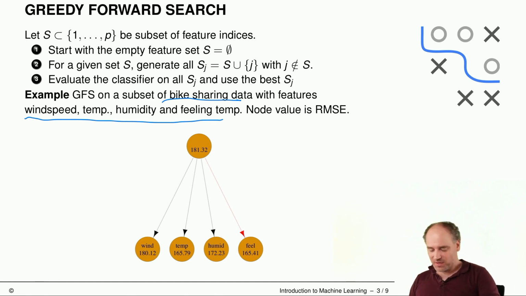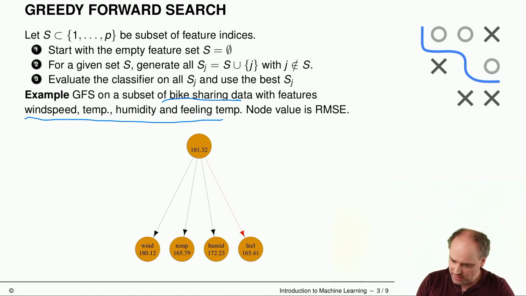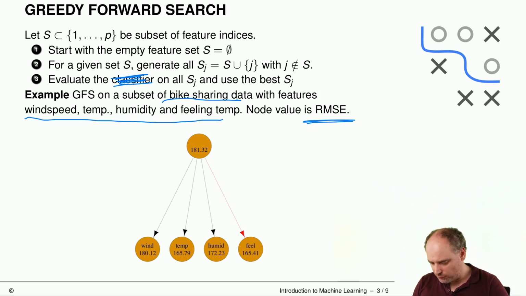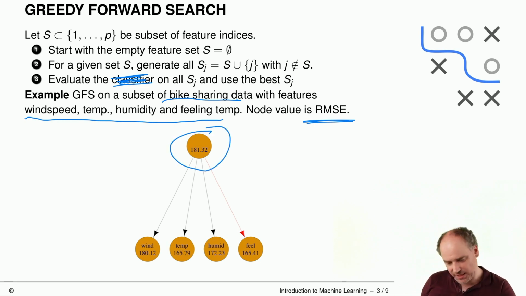Yesterday was even worse. Now, this is a regression data set, so actually, I guess we're not really running a classifier here, but we are running a regression model. I'm not exactly sure what we're doing, whether this is a linear model or a random forest. Doesn't really matter, and we'll evaluate that with root mean square error. So how does the algorithm now work? Well, the first thing we have to do, I guess, is evaluate our first feature set, which is the empty set.